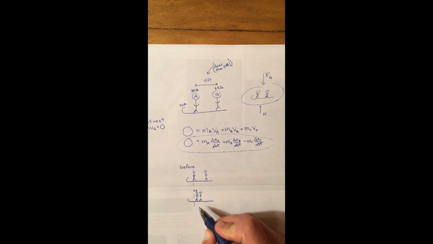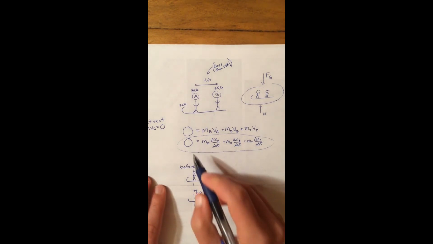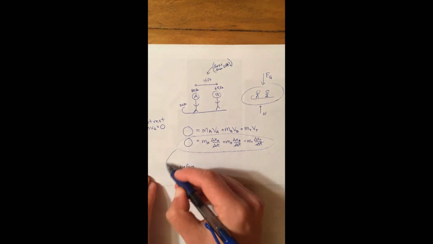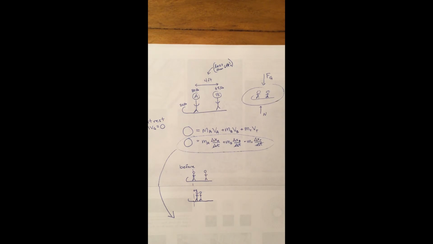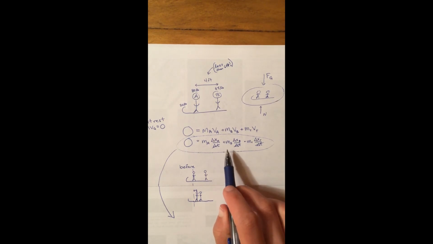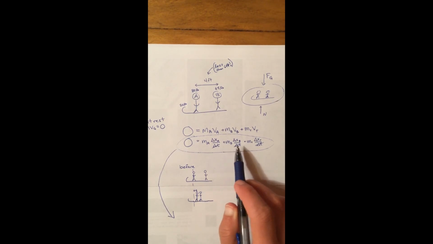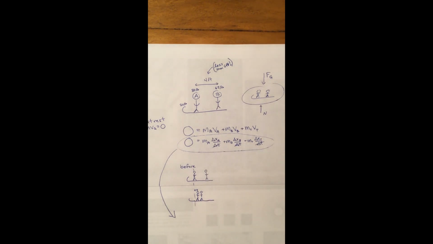but they did not move relative to the toboggan. Okay, so now we want to go to our equation up here, and I'm going to put a link in the description which talks about how you find the center of mass, so that's similar to the equation that we have here. Okay, now the tricky part is person A and the toboggan actually moved.